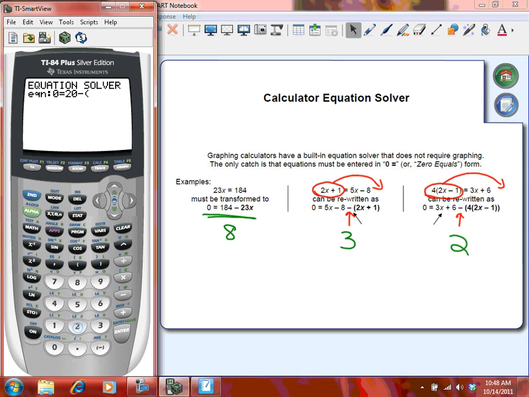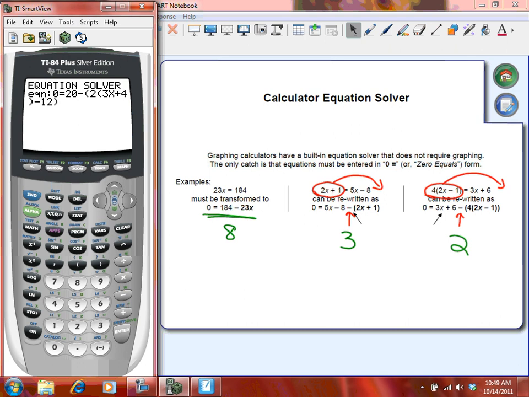So we're going to do 2, parenthesis, 3x plus 4, close the parenthesis, minus 12, and then you're going to have to close off that whole thing. Close off that 12 there. Make sure you have that extra parenthesis.